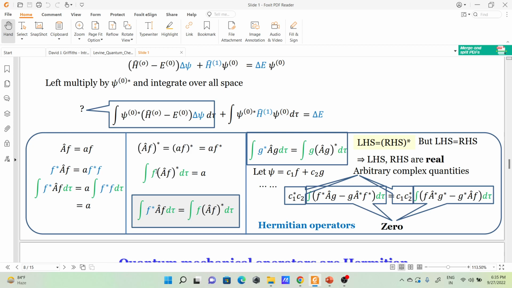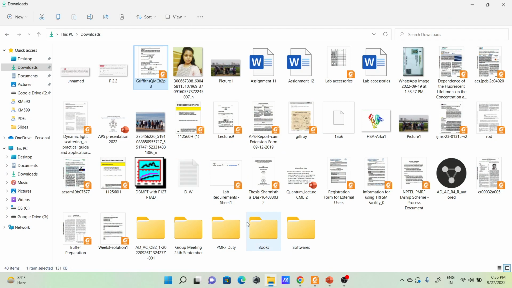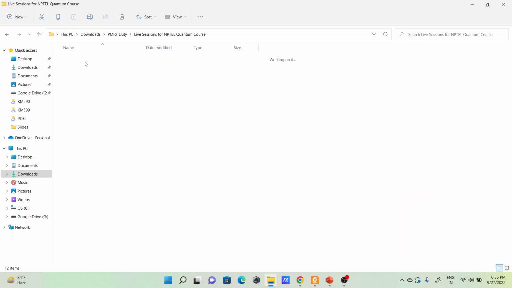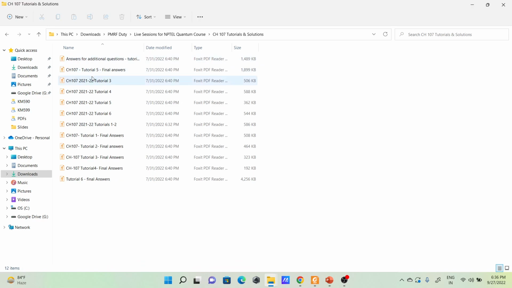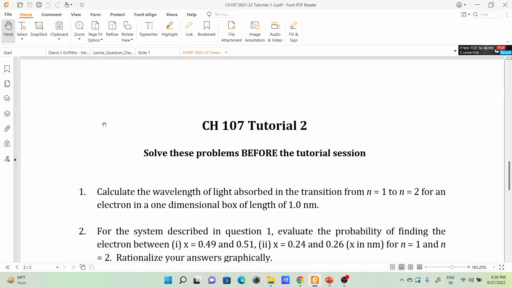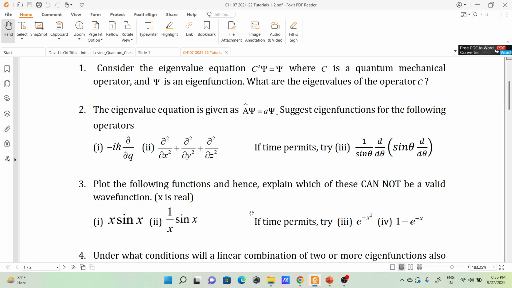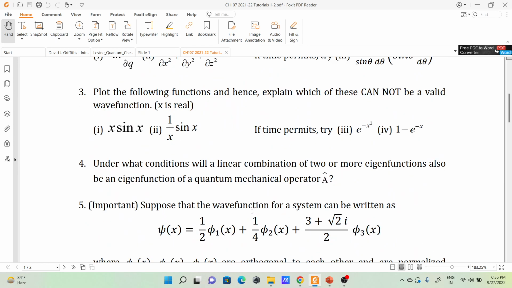But let me show you this. We have once done this problem, tutorial 1, 2, 7. See, this fourth question that I am highlighting: under what condition will a linear combination of two or more eigenfunctions also be an eigenfunction of a quantum mechanical operator A?